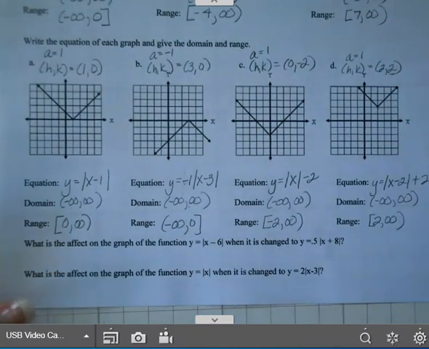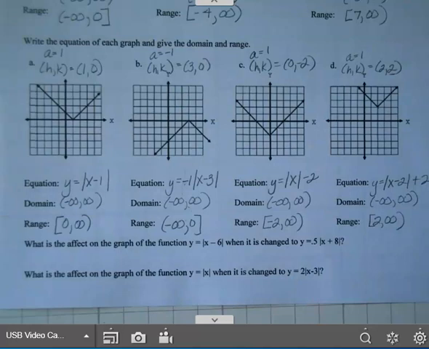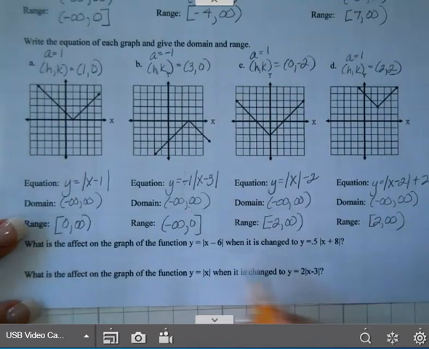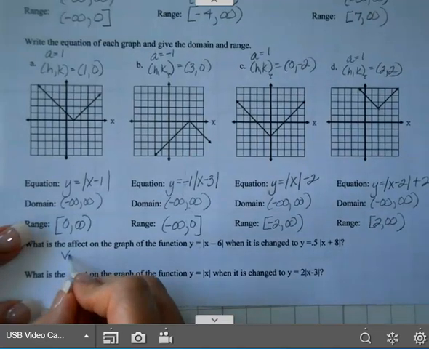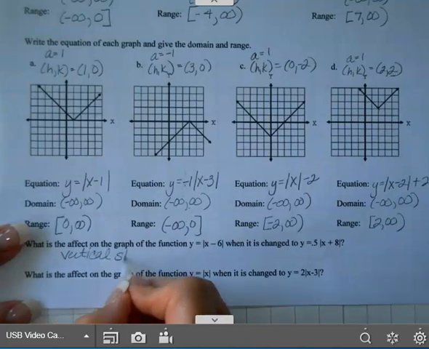Okay, now I'm going to start with y equals the absolute value of x minus 6. And I'm going to move it and change my graph to y equals 1/2 the absolute value of x plus 8. So the first thing it's done, the a went from a 1 to a 0.5. So the a value got smaller, which means it's a vertical shrink.